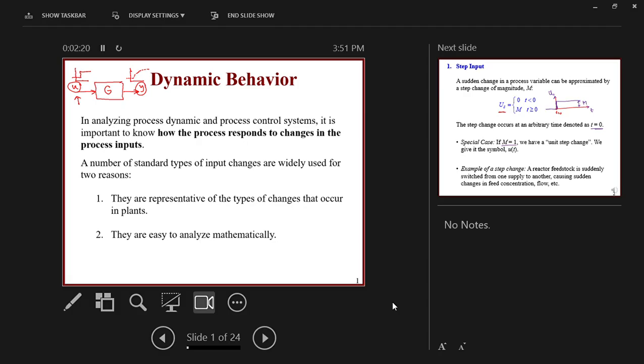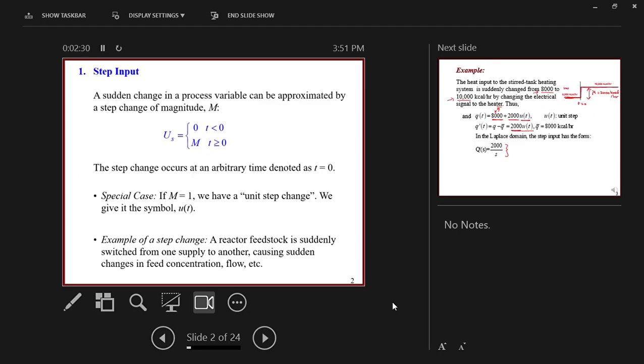These inputs will represent the type of changes that occur in the plants, and they will be easily manipulated mathematically. So we will study different types of inputs, and we'll start with the simplest and most used type of excitation for the input, which is the step change or step input.